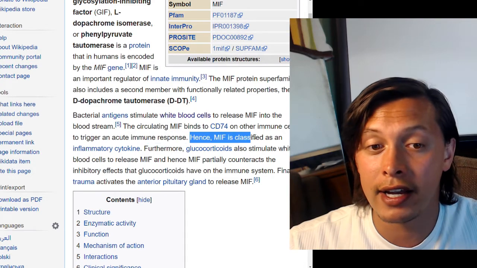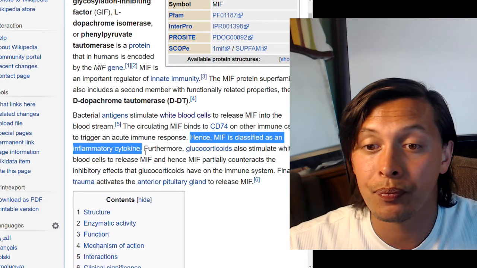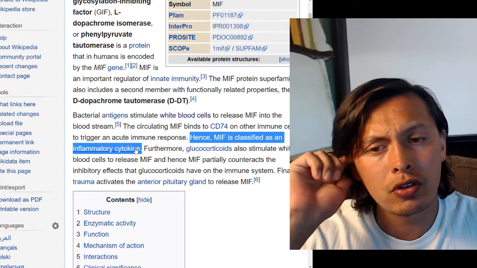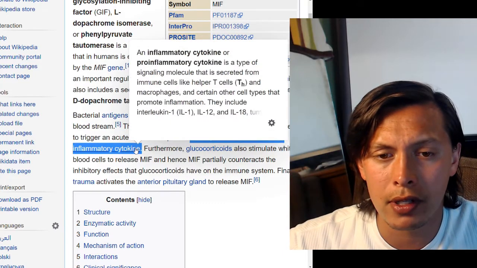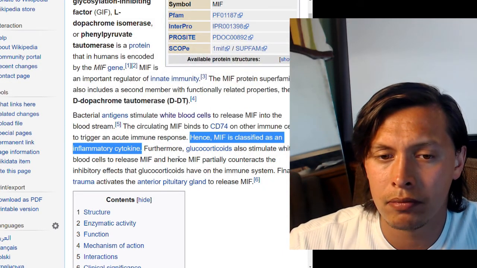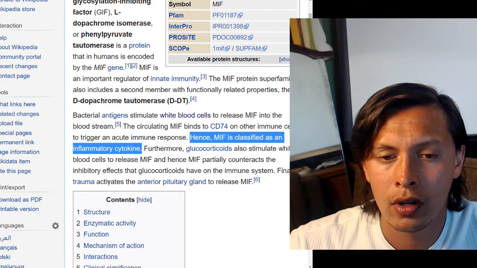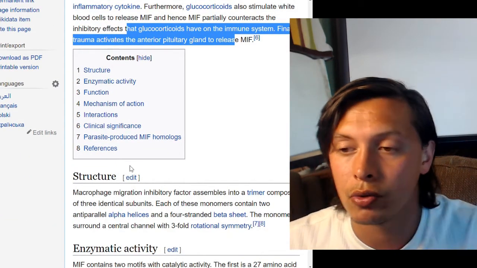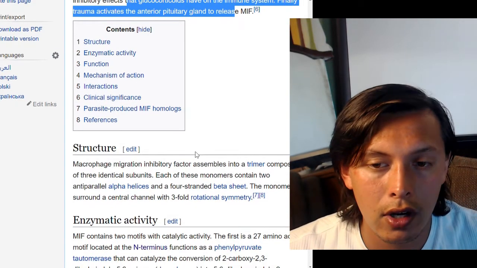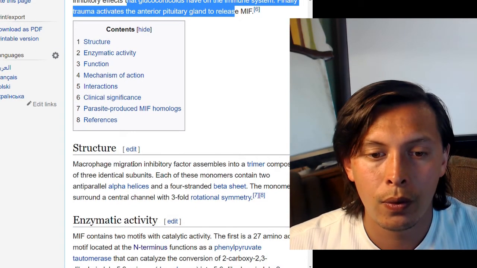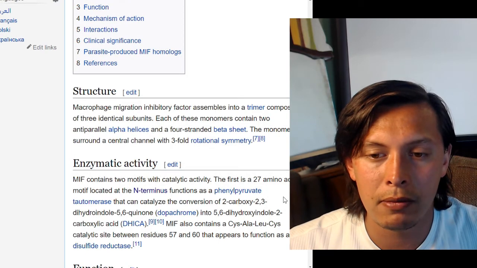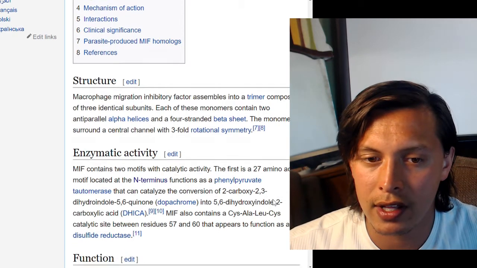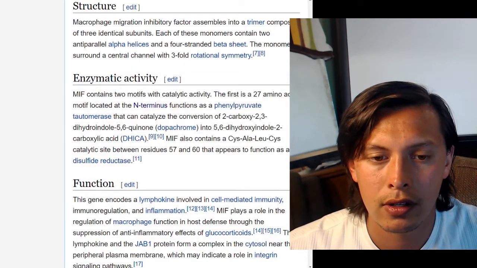So MIF is classified as an inflammatory cytokine. Furthermore, glucocorticosteroids also stimulate white blood cells to release it. And trauma activates the pituitary gland to release MIF. Okay, let me just read this real quick just to see if there's anything that I should mention.